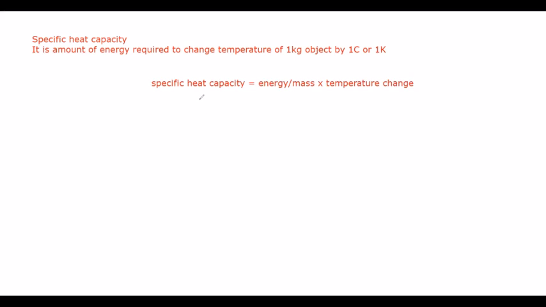The specific heat capacity is denoted by small c. Heat capacity is denoted by capital C. Specific heat capacity is denoted by small c, and is equal to energy supplied, denoted by E, divided by mass, which is M, into temperature change.